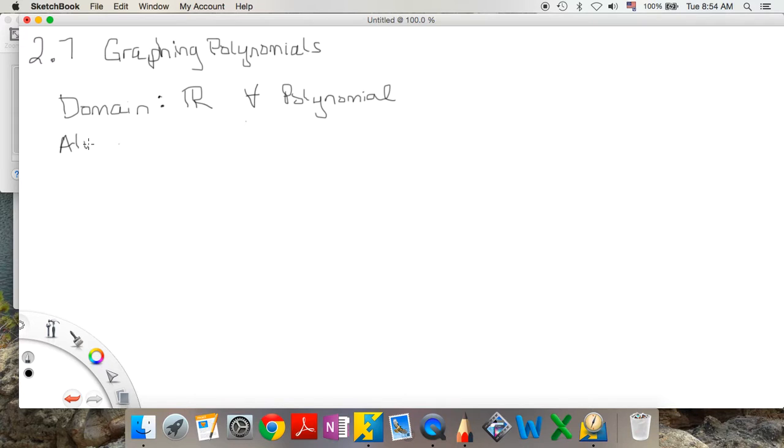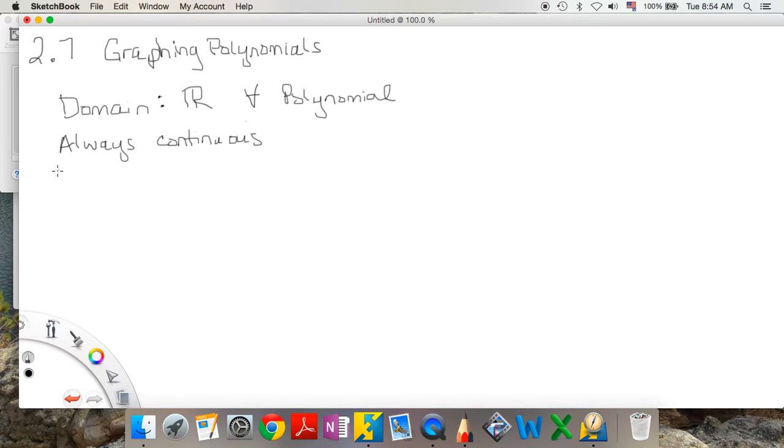Polynomials are always continuous. Basically what that means is you don't have to pick your pencil up to ever draw your graph. There's no jumps, no gaps, no vertical asymptotes, no holes, nothing like that in a polynomial.